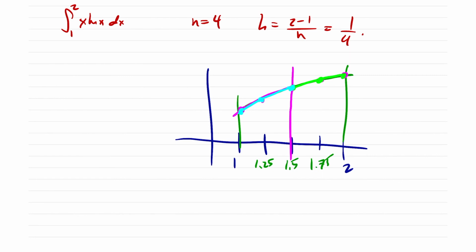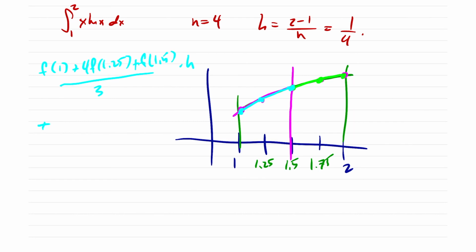We're going to have f(1) plus 4 times f(1.25) plus f(1.5), all divided by 3, times h.